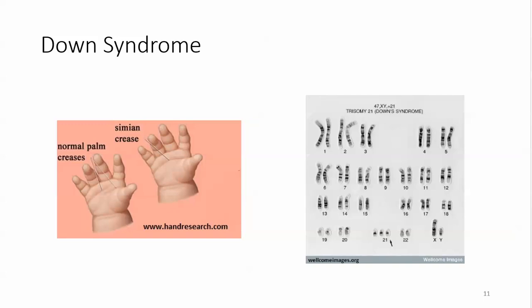This is a single palmar crease as opposed to 2 in normal individuals. It's also called trisomy 21 or Down syndrome, and you see they have three chromosome 21s. And this is a male because it's XY.